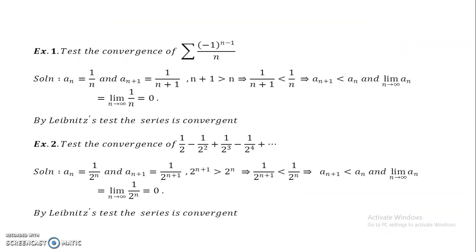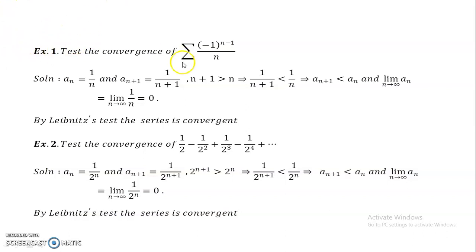By taking example 1, test the convergence of the series summation of (-1)^(n-1) by n. Observing this series itself, it is an alternating series, so we need not check that separately. The nth term of this series, a_n, is 1 by n, and replacing n by n plus 1, it becomes a_(n+1), that is 1 by n plus 1.